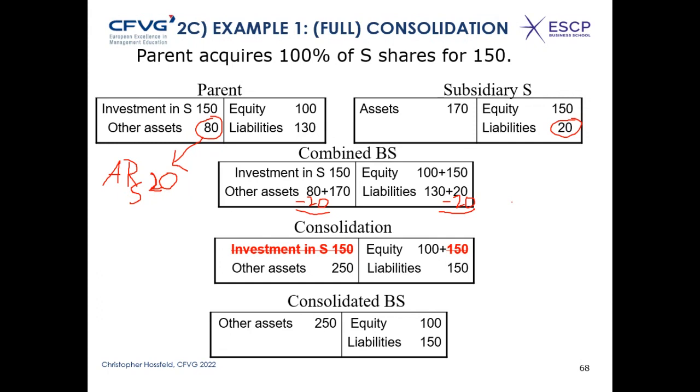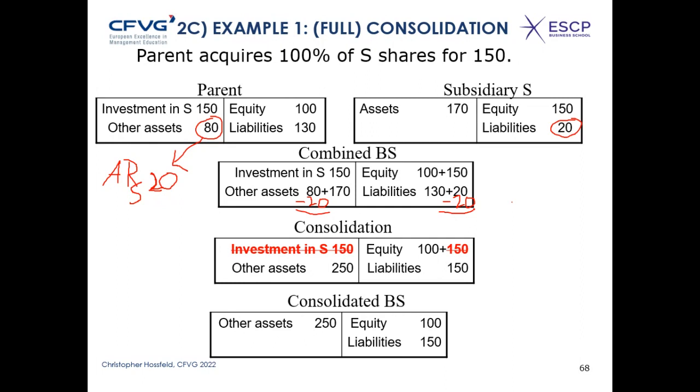And you can imagine that if you have a group that is strongly vertically integrated, you have tons and tons of internal transactions. So think about an oil company who does everything from oil extraction down to the gas station. So you can imagine there's a multitude of internal transactions. For consolidated financial statements, all those internal transactions need to be eliminated.